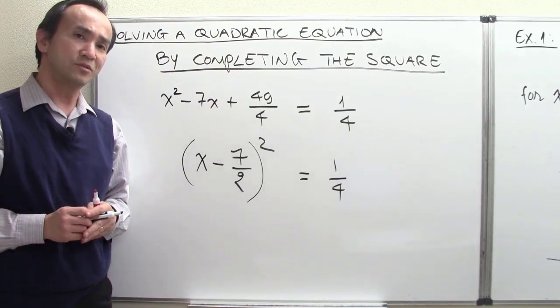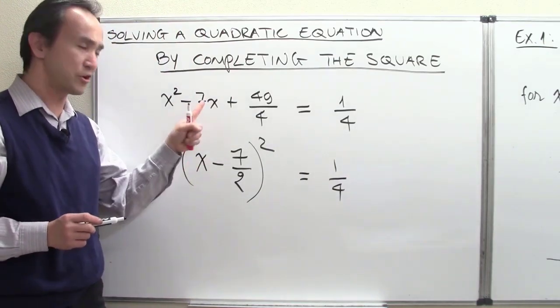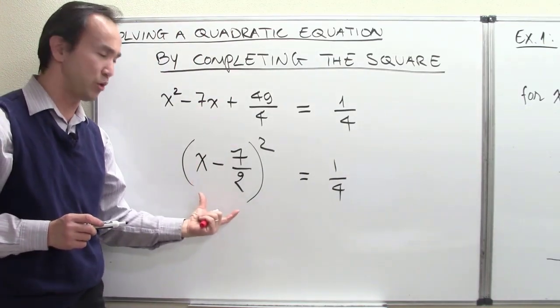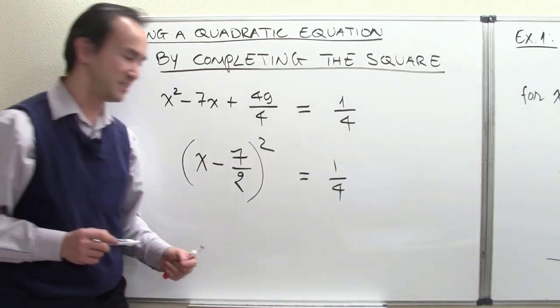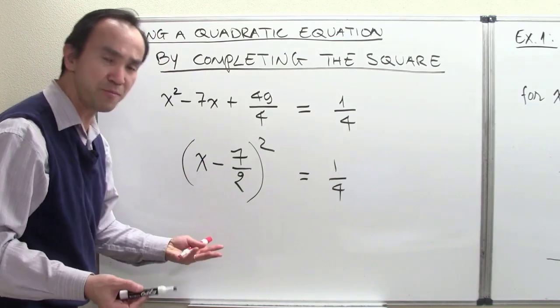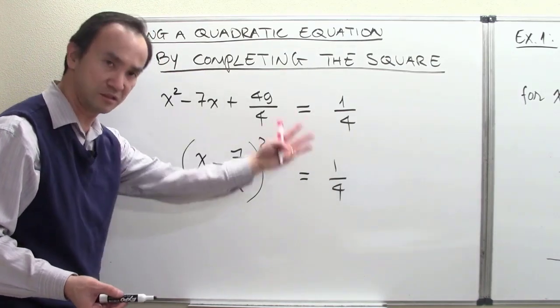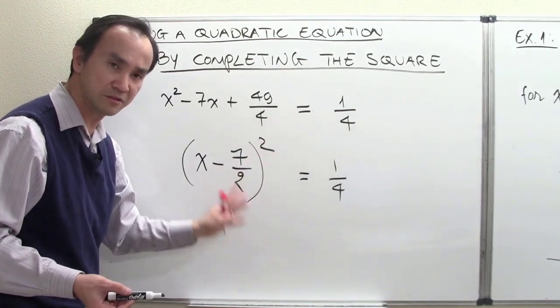All right, and so now upon successfully turning our left hand side into a perfect square and making that perfect square equal 1/4, then we can use the square root property, which is another lesson that was given prior to this particular lesson.